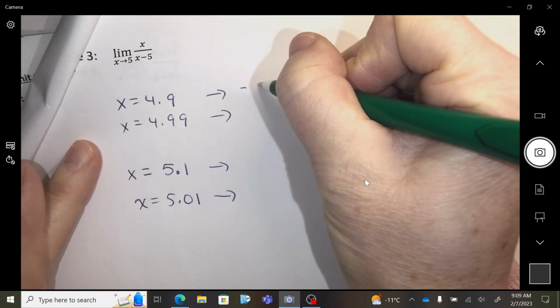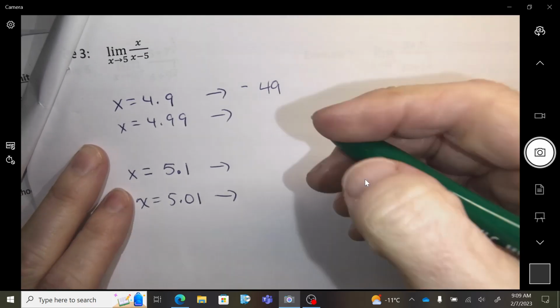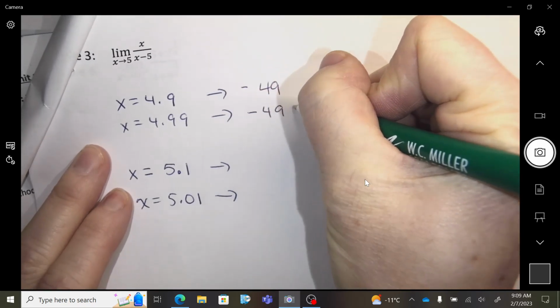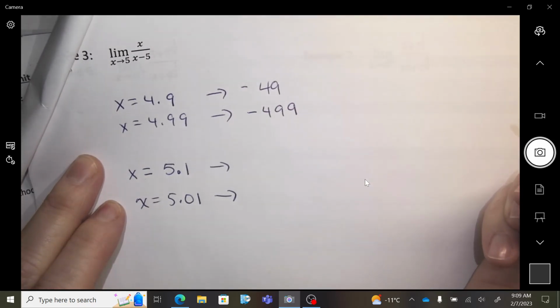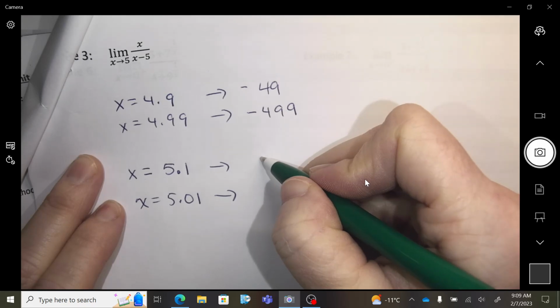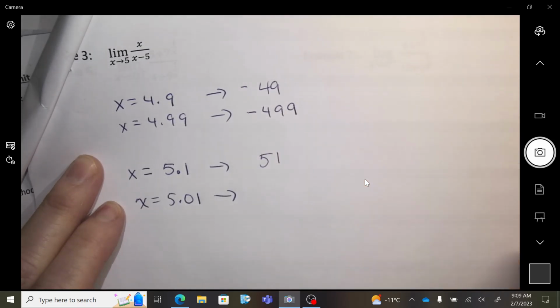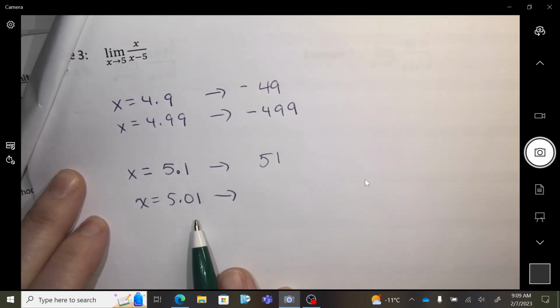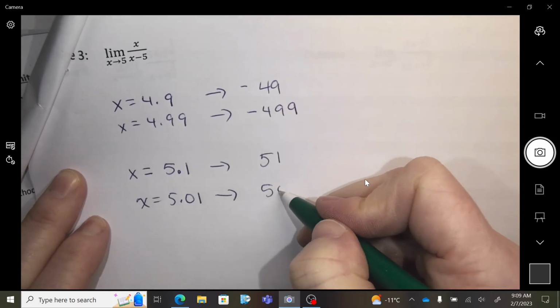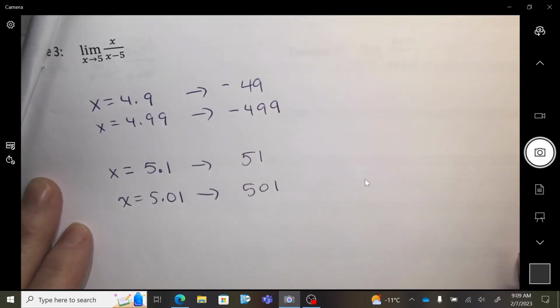Negative what? 49? Jacob, 4.99? Negative 499. Isa, what do you got on the 5.1? What's that? 51. Zach, did you get a 5.01? Did you plug this one in? Yeah, I got 501. Okay, do you have a conclusion?